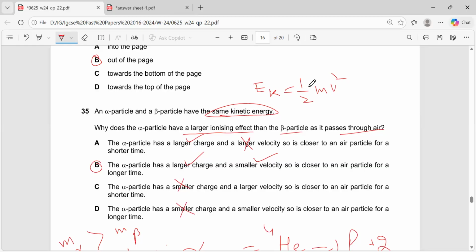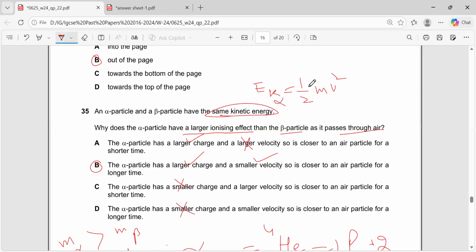Now, why does alpha have the larger ionizing effect? Because it has two protons, so as they interact with the matter, they knock out two electrons. So it will produce more ionization as compared to beta particle. So alpha particle has larger charge but smaller velocity because its mass is more. So for same kinetic energy, it must have smaller velocity.